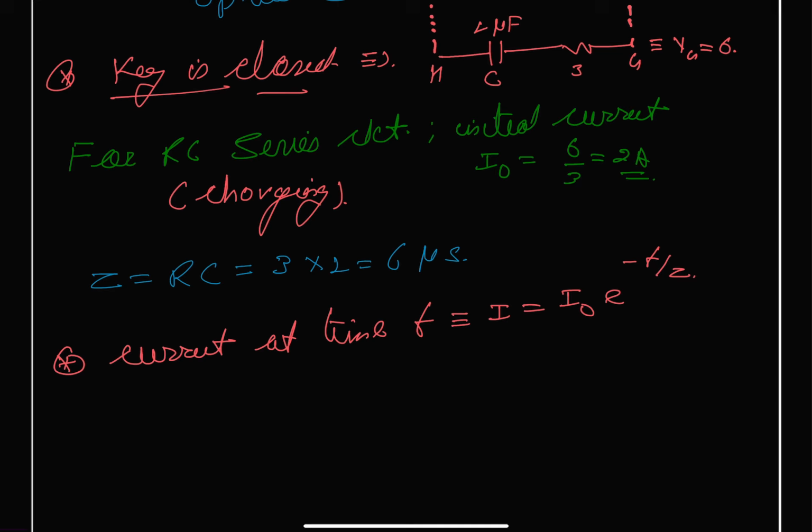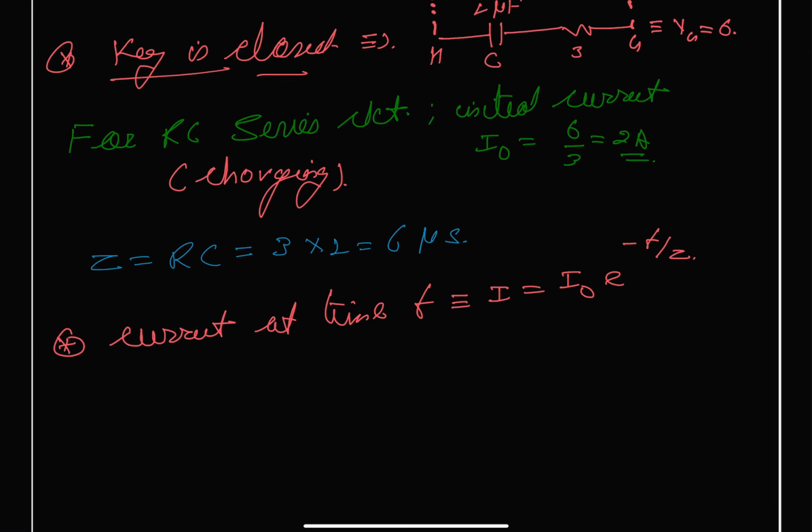And we can substitute the value of t. So we get here our I naught is our 2 ampere e raised to power, and this comes as 7.2, and tau is our 6. So this comes as 2 e raised to power minus 1.2.